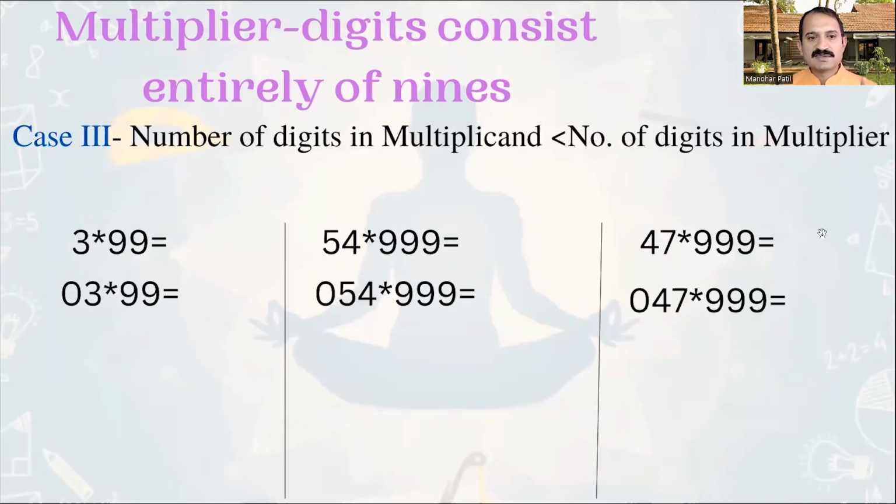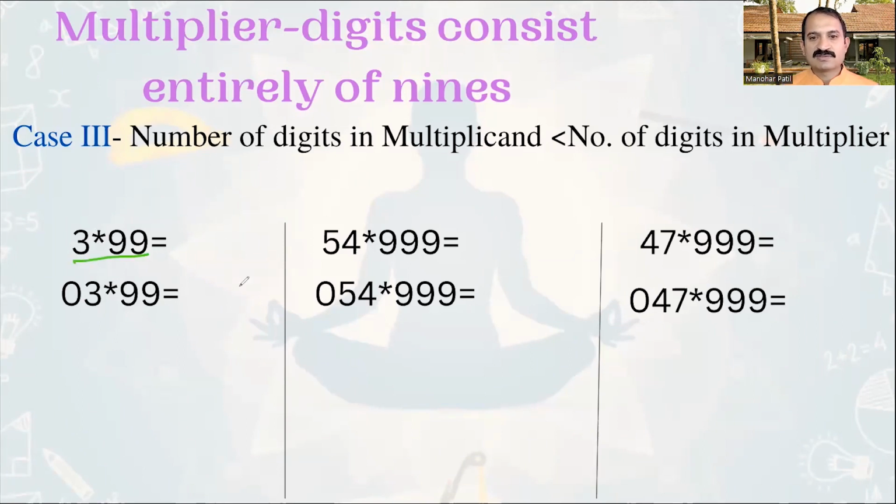The next case is when the number of digits in the multiplicand is less than the number of digits in the multiplier. So in that case, what can you do? It's very easy. You know one rule: you can put any number of zeros before the number, and the value of the number doesn't change. So we have to use that rule to find the answer. So I have given 3 into 99.